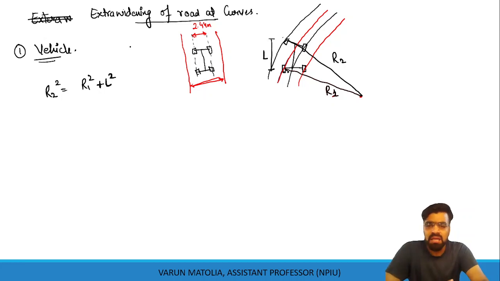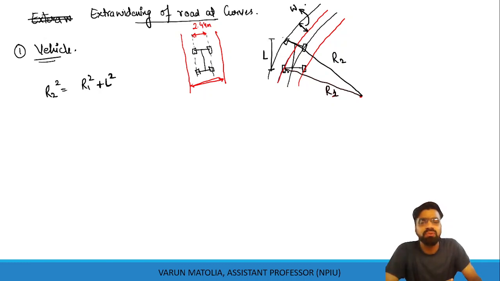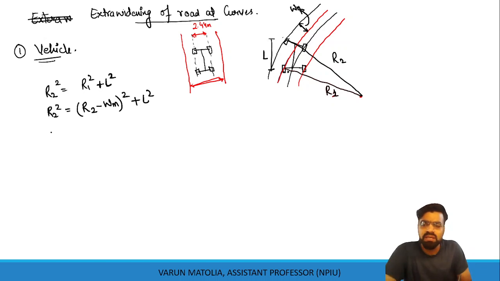And the space between the inner radius and outer radius is the width due to this vehicle. Let's call it WM, mechanical width. So we can write R2 square as, what is R1? R2 minus mechanical width whole square plus L square. Let's open the equation.